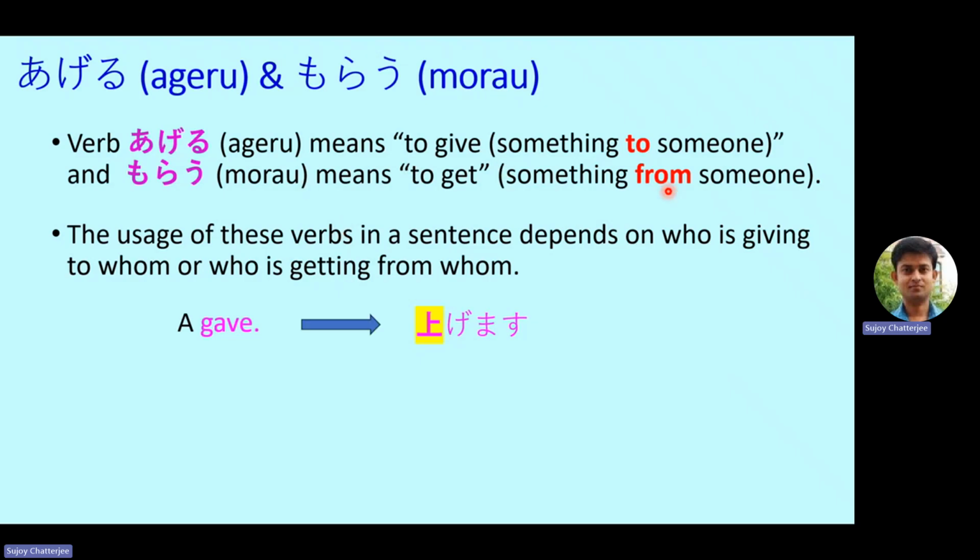We will look into that. A gave means A is the subject who is giving, so we can use agemasu. A gives, so A wa agemasu. And if A received something or A got something, then it is moraimasu, or moraimashita for the past tense. So the direction is towards A. For agemasu the direction is from A, and this is to A. So A is receiving something from someone.